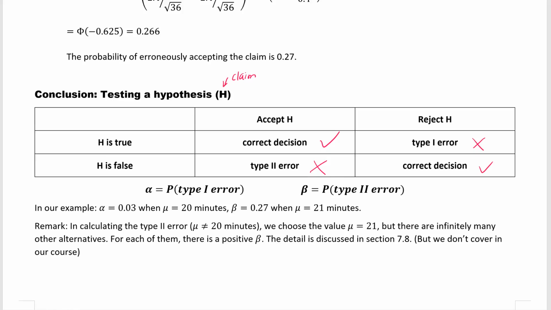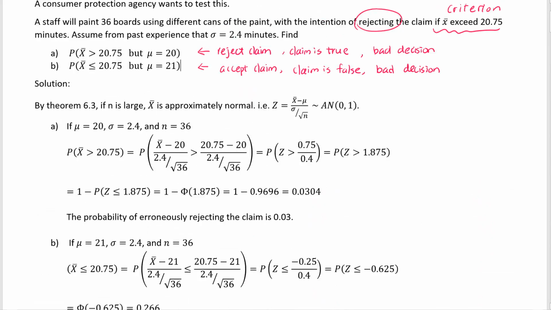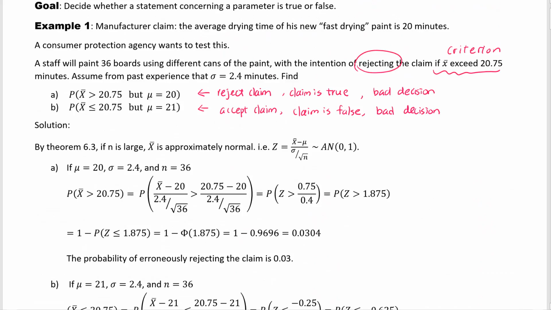So here in our example, part A is the claim is true, but we reject it. So this probability is actually the probability of type 1 error. That is alpha. And part B, the claim is false, but we accept it. So this is actually a type 2 error. That is beta. So far, so good, everybody?